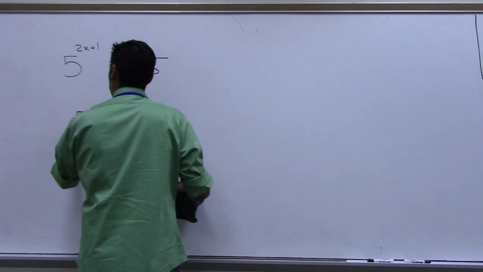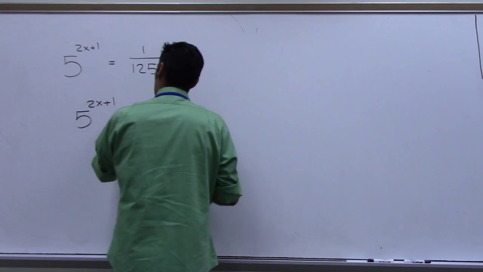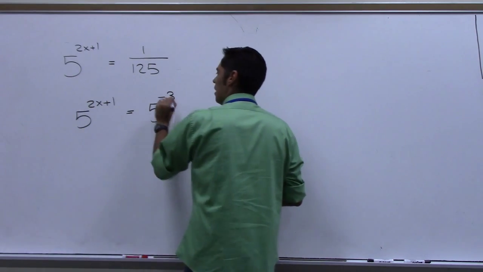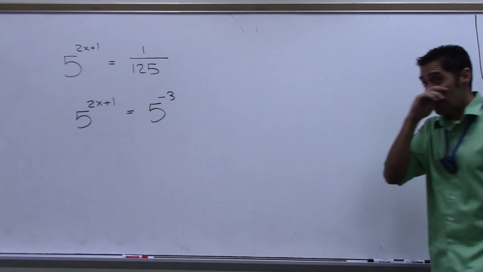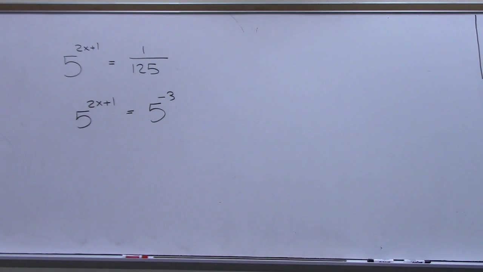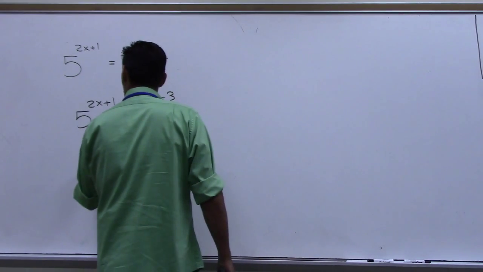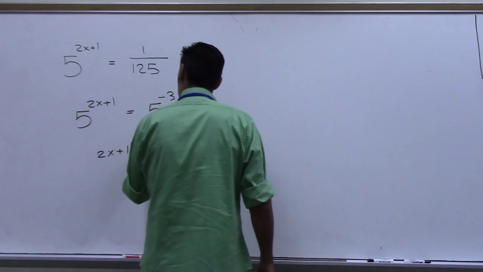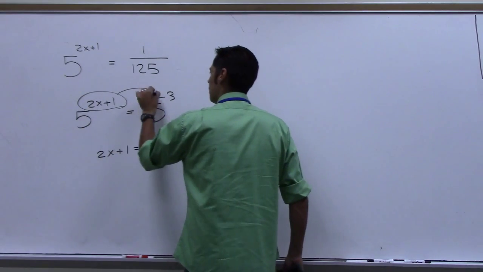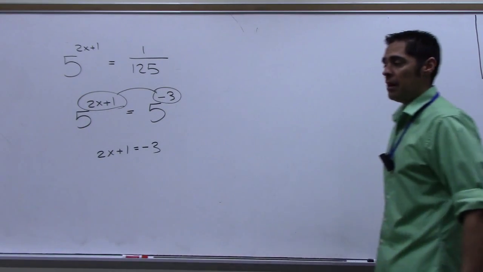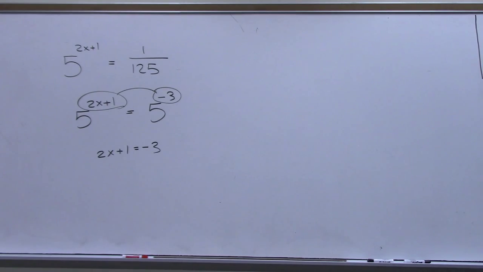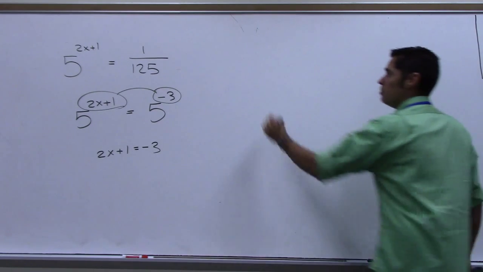So we have 5 to the 2x plus 1 equals 5 to the negative 3. Everyone see that the right side is 5 to the negative 3? Then 2x plus 1 equals negative 3. So you're matching these up. As soon as the bases are the same, you can do that. So x is negative 2.